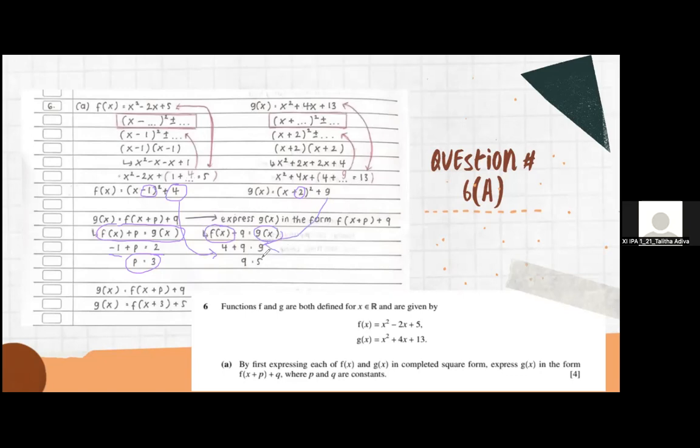So we got q equals to 5. So after that, we just have to substitute these values into this form. So g of x equals to f of x plus 3 plus 5. So this is the final answer.